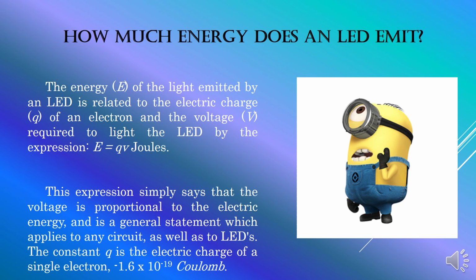This expression simply says that voltage is proportional to the electric energy and is a general statement which applies to any circuit as well as to LEDs. The constant Q is the electric charge of a single electron, that is 1.6 times 10 to the power minus 19 coulomb.